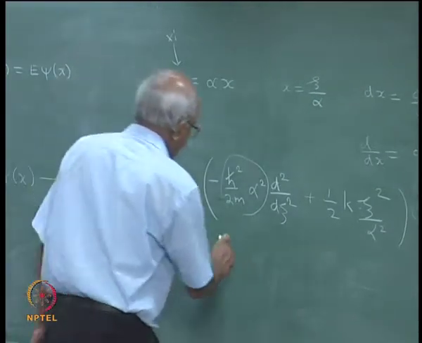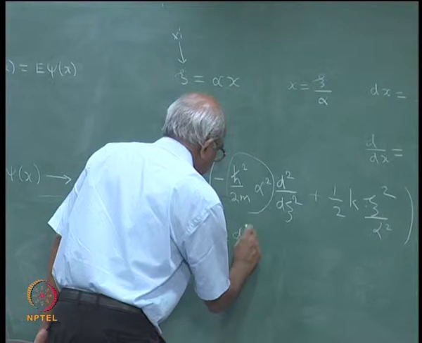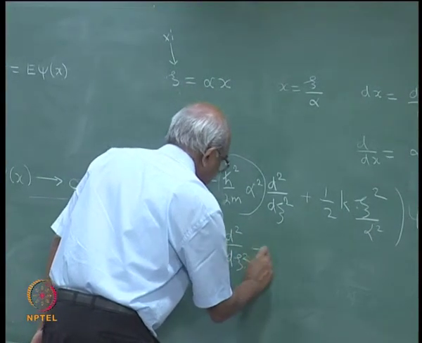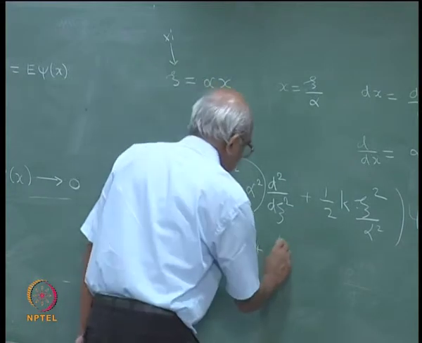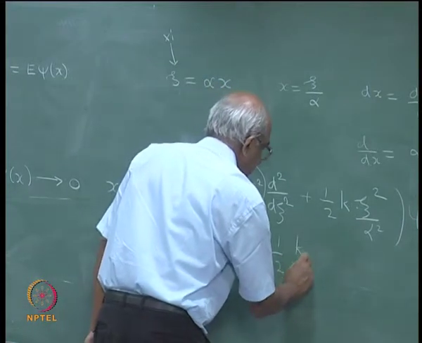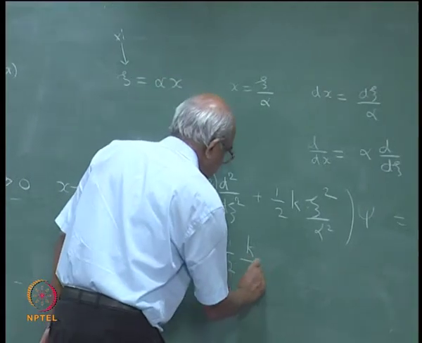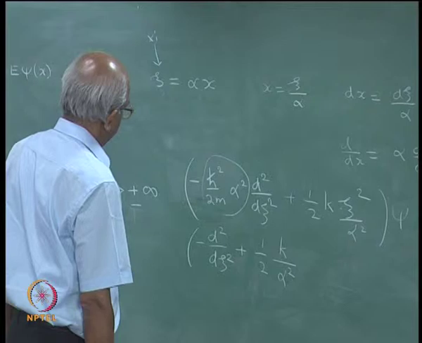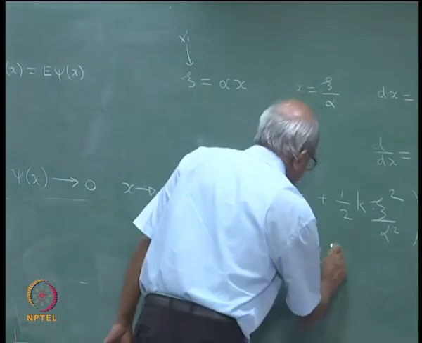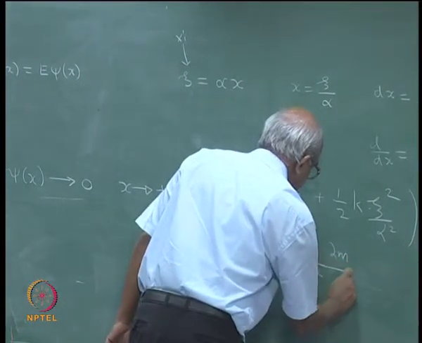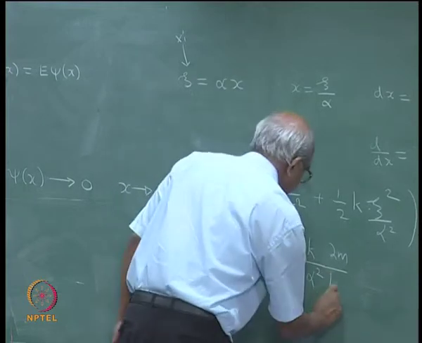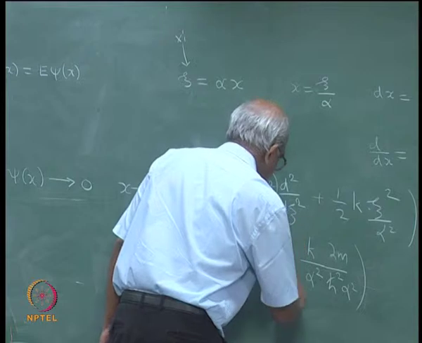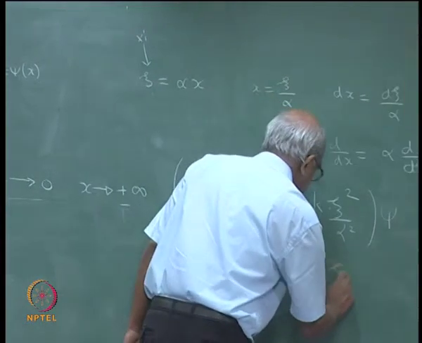So, if I divide it throughout by that factor, what will happen, I will get minus d square upon dc square plus 1 by 2 k divided by alpha square into 2m divided by h cross square alpha square into c square.